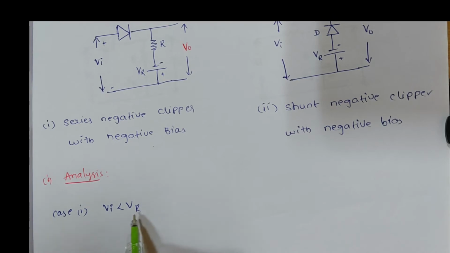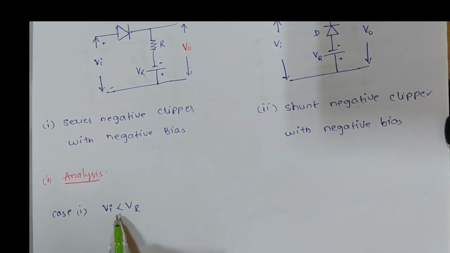Here Vi is less than VR, that means the reference voltage is more compared to the input voltage. Then what happens?